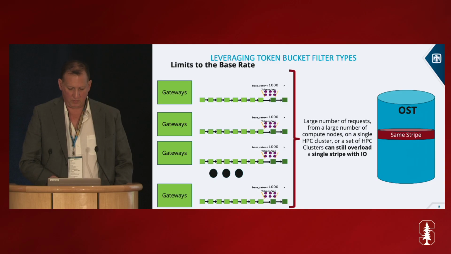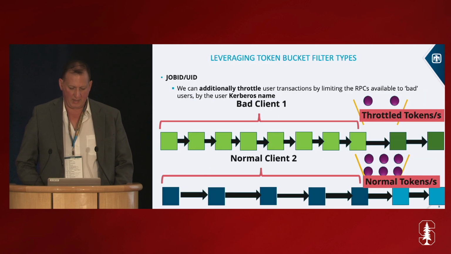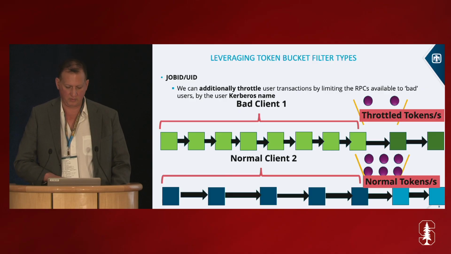And what we did was we set the rates at 1,000, and then if somebody was still hammering the file system, if they had a bad job running out of a bunch of gateways, we just layered the user ID or the job ID on top, and then we could limit that person until we got a hold of them and said, hey, this batch job's running poorly, we had to throttle you further.